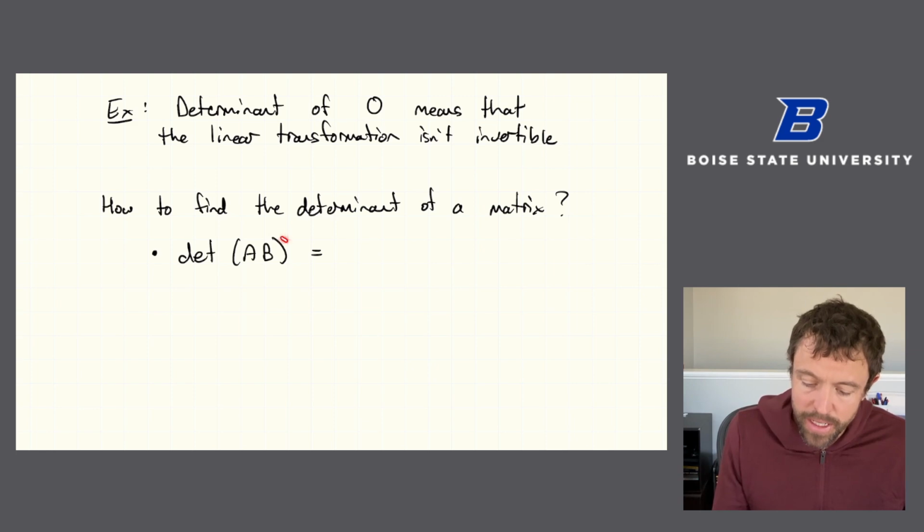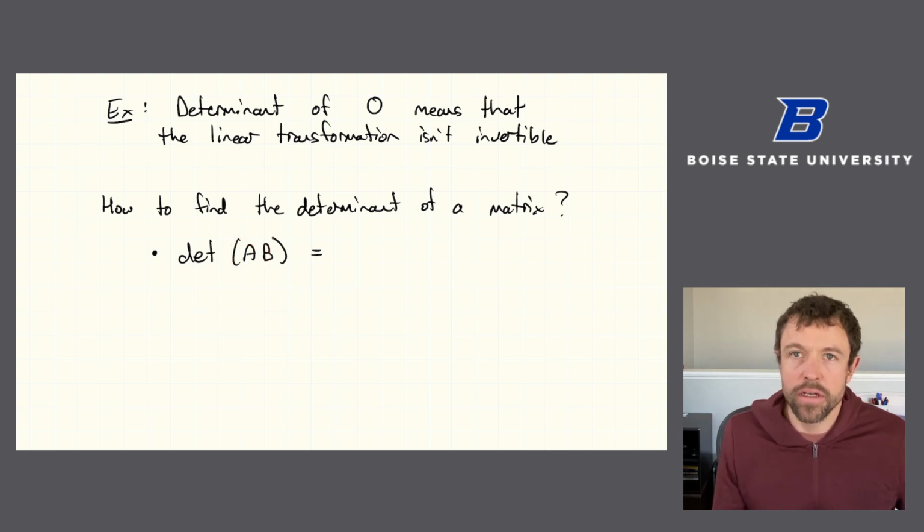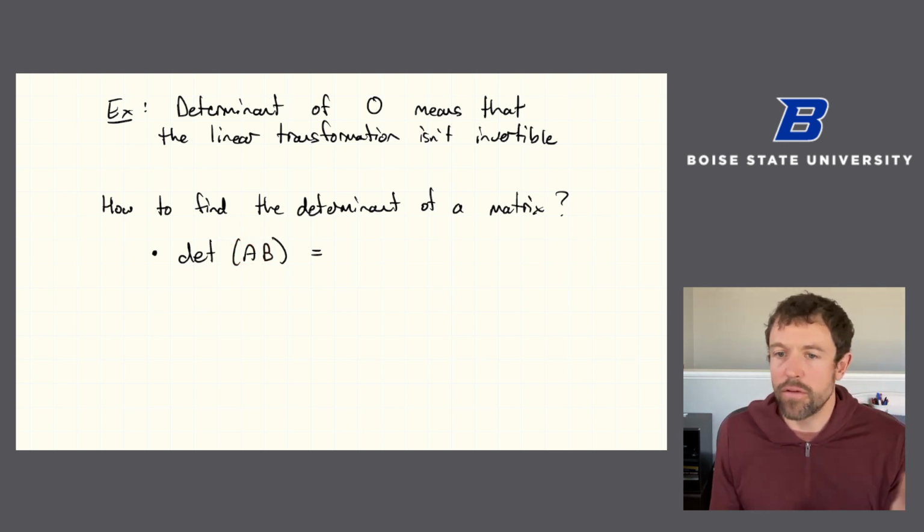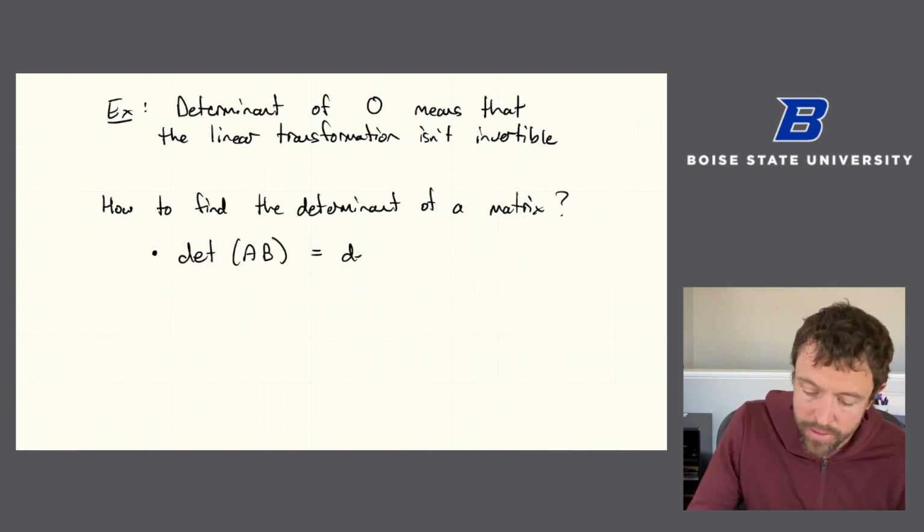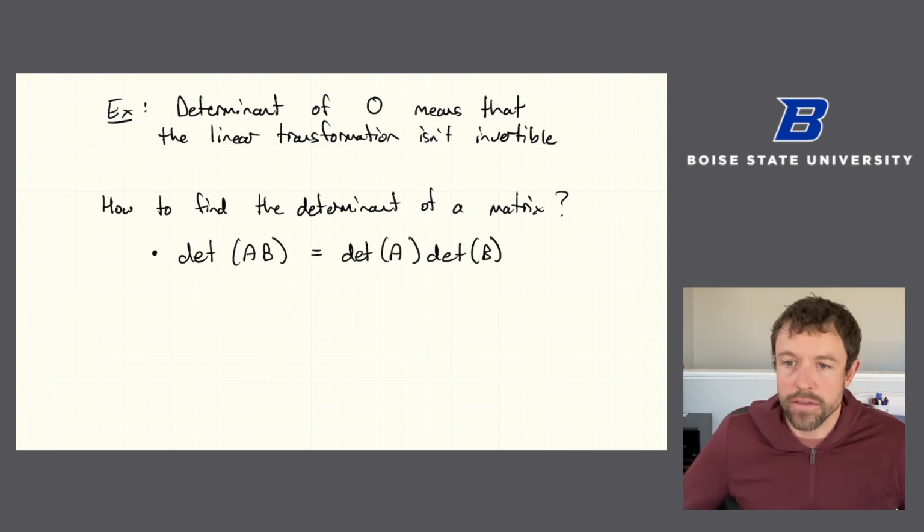So if B cuts your volumes in half and then A triples your volumes, the end result is that you've multiplied your volumes by 3 halves. And so this is going to be our first observation, that we can calculate determinants by splitting matrices into products.